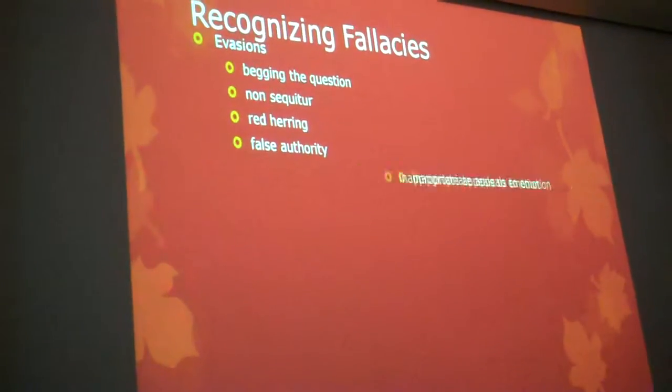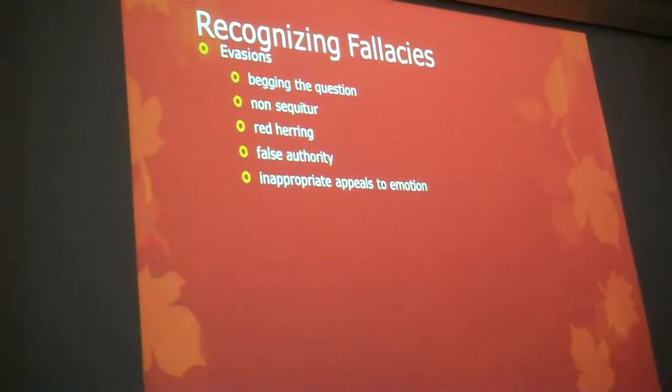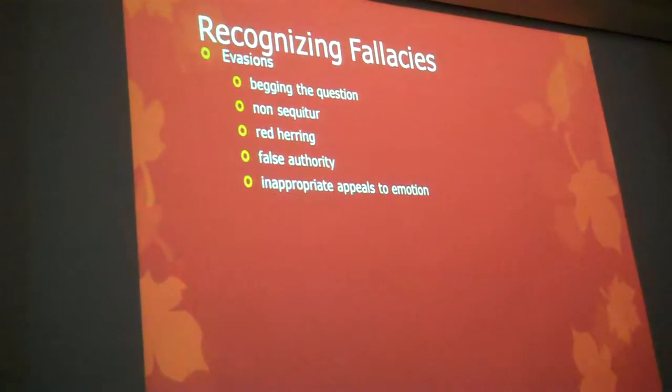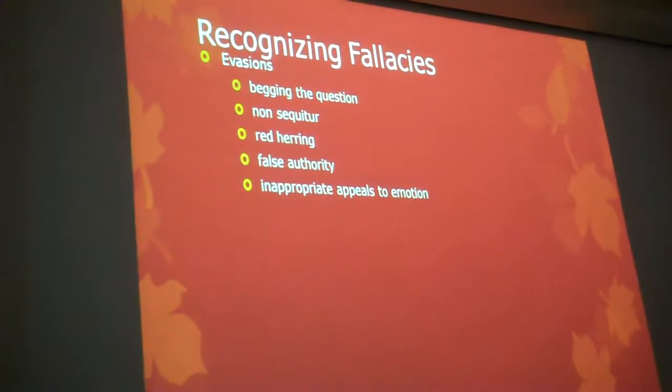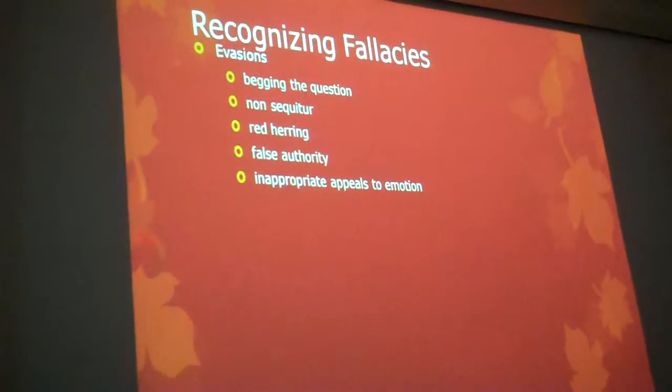And then, of course, false authority and inappropriate appeals to emotion. That's a kind of an expanded wording for that emotional appeal. But they call it evasion because they call it inappropriate. So sometimes it's overdone, or sometimes it's just really over-exaggerated.